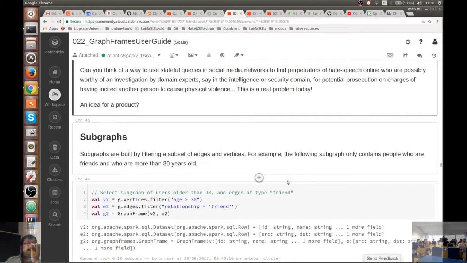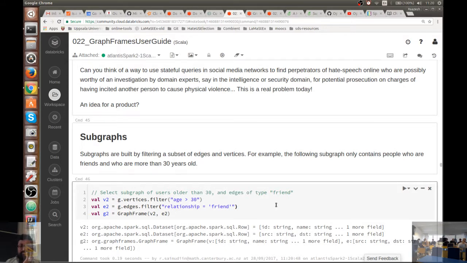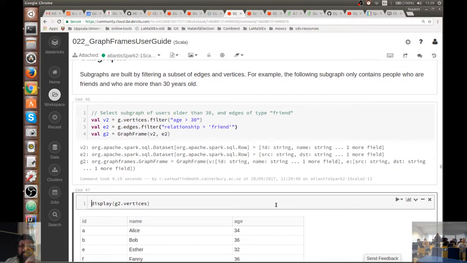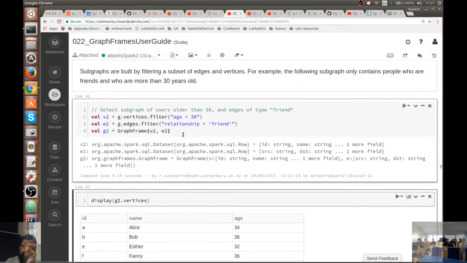Now let's say we're interested in subgraphs that are built by filtering on the subset of edges and vertices. For example, the following one only contains people who are friends and who are more than 30 years old, right? So we simply create a new vertex set, V2, by taking only the older people, and then we are also filtering the edges by this, and then we simply create a subgraph, a new graph, G2.